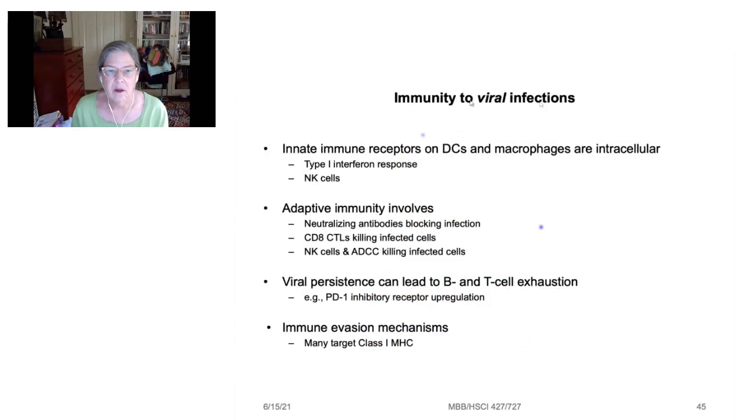Okay, immunity to viral infections, right. So this is just a recap of all that. And let me just add that if you have a persistent virus like HIV, then after a while, you're going to start seeing exhausted B and T cells, and that's due to things like upregulation of PD-1 and so forth.